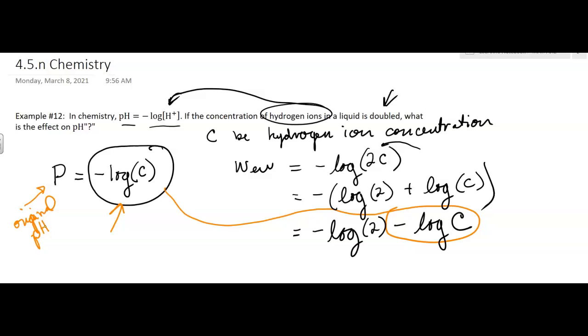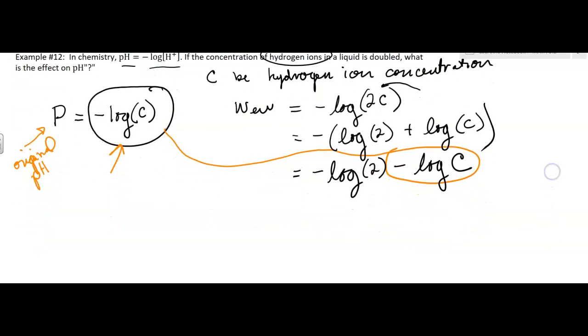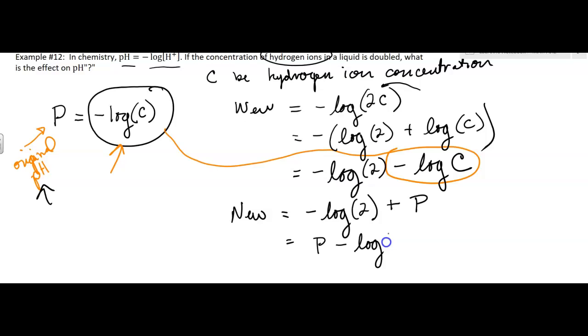So if you wanted to double the concentration, then what's going to happen to your new pH? Well, your new pH would be the opposite of log 2, plus P, the original pH balance. Now I'm going to switch that around to go P minus log 2.